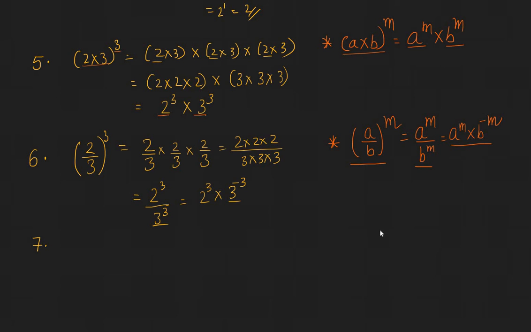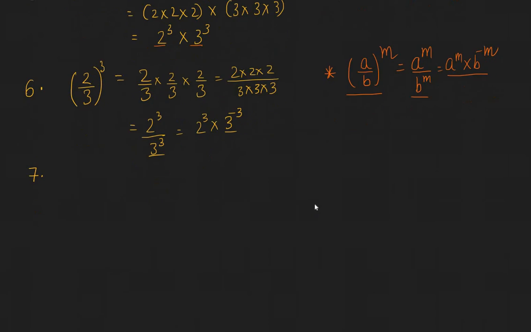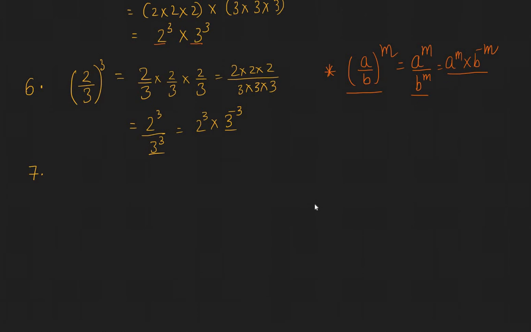Now this is very important, a kind of problem that you may face. Let's say you want the square root of a number, that number being 5. We can write it as 5 power 1 by 2. If you have the cube root of 5, this is nothing but 5 power 1 by 3.